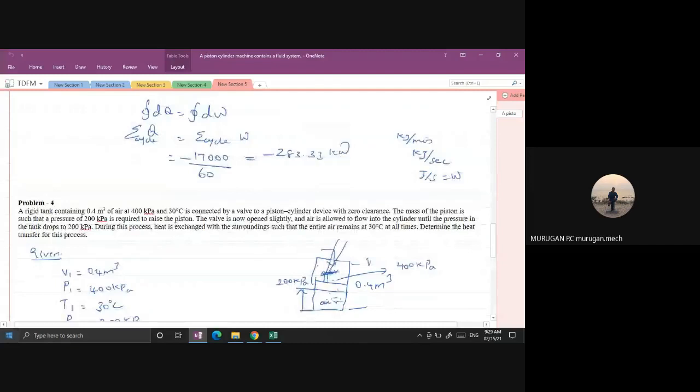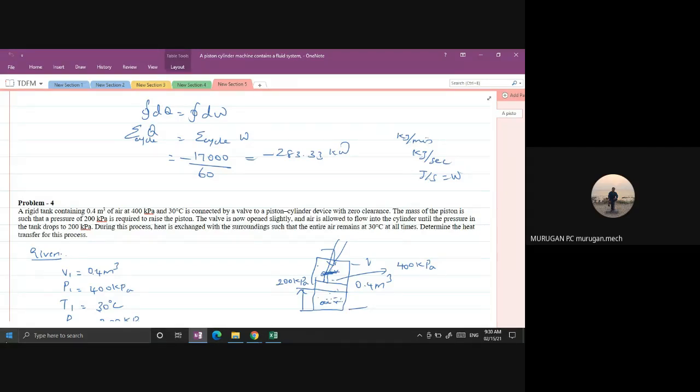A rigid tank containing 0.4 meter cube of air at 400 kilopascal and 30 degrees Celsius is connected by a valve to a piston cylinder device with zero clearance.